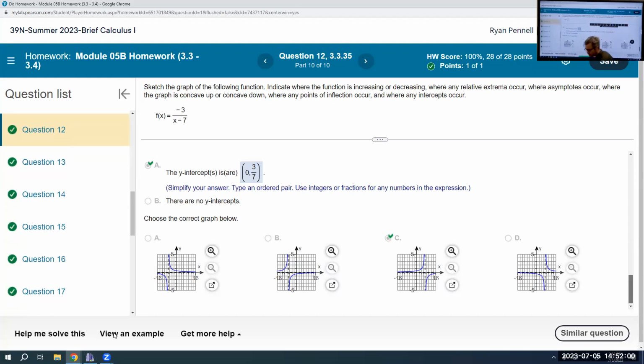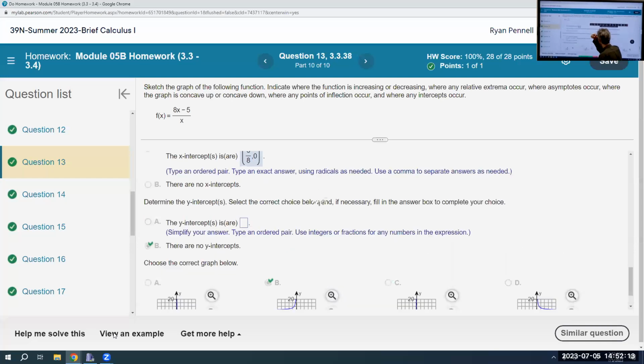All right, that's 12. Still want to talk about this slant. So 13, I can't remember. Loading. No, it's not 13. This is almost the exact same question we just did.